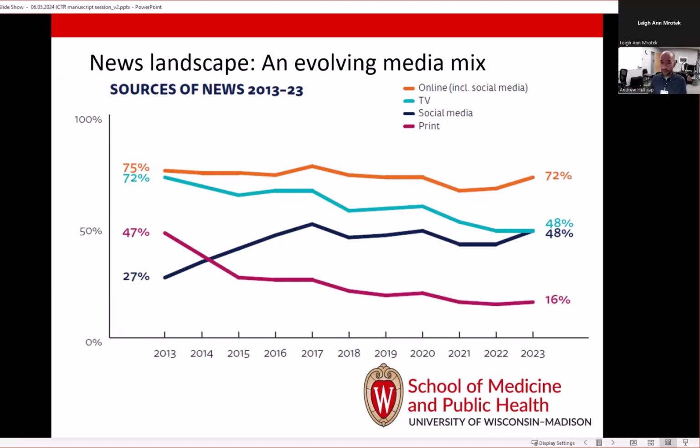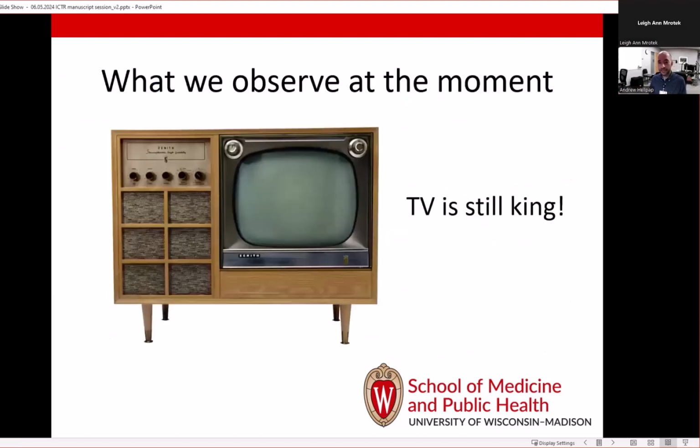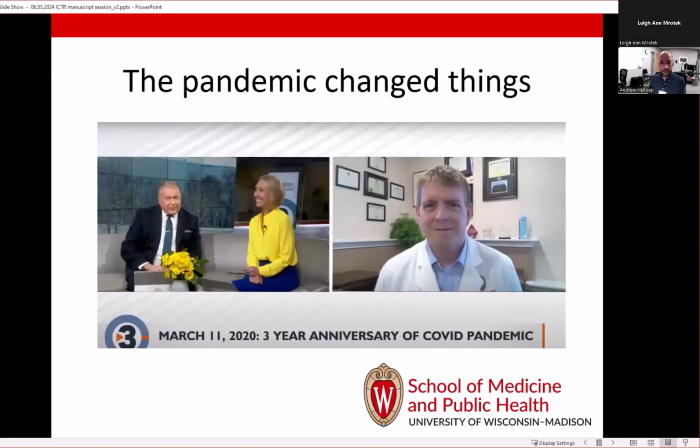So don't be afraid to consider television, even if it's not necessarily in your wheelhouse. And this is just kind of reiterating that. On a daily basis, by far, TV is what we deal with most often. It's not even close. So just wanted to present kind of how media is working with us these days.